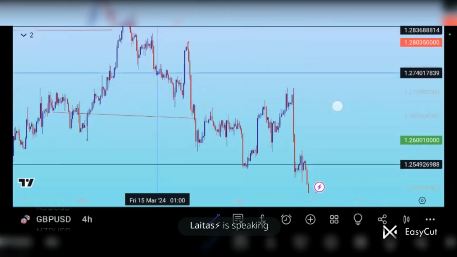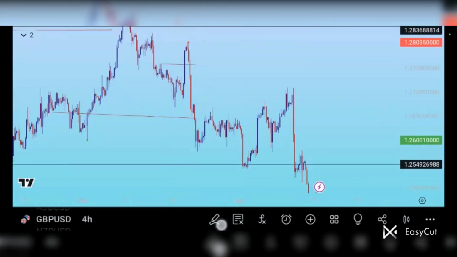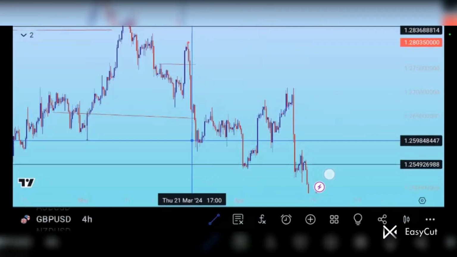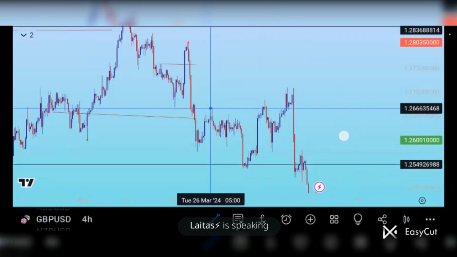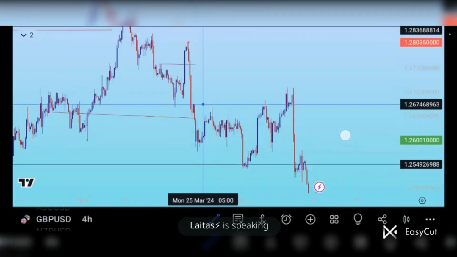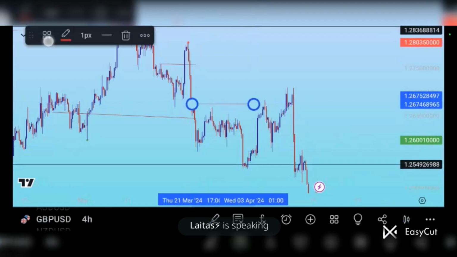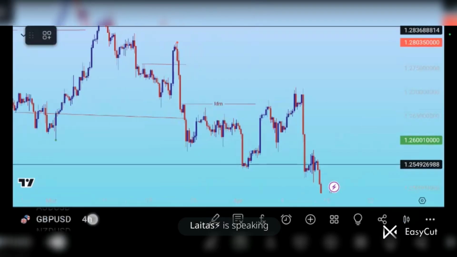We swept liquidity here. Then we have this another break here. We have the imbalance above it. So we have this inducement at this place.